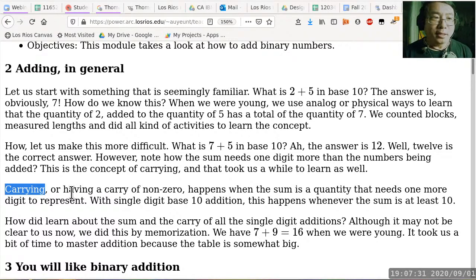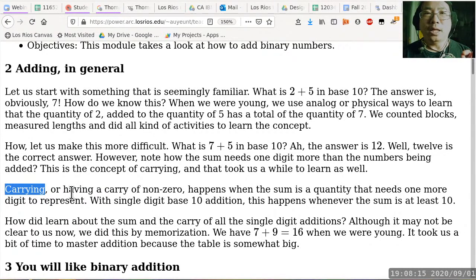So carrying is important, because the quantity 12 cannot be represented by a single digit in base 10. Let me say that one more time. The concept of carrying: in one single digit I can write the 2 as the result, but I also have a carry of 1.